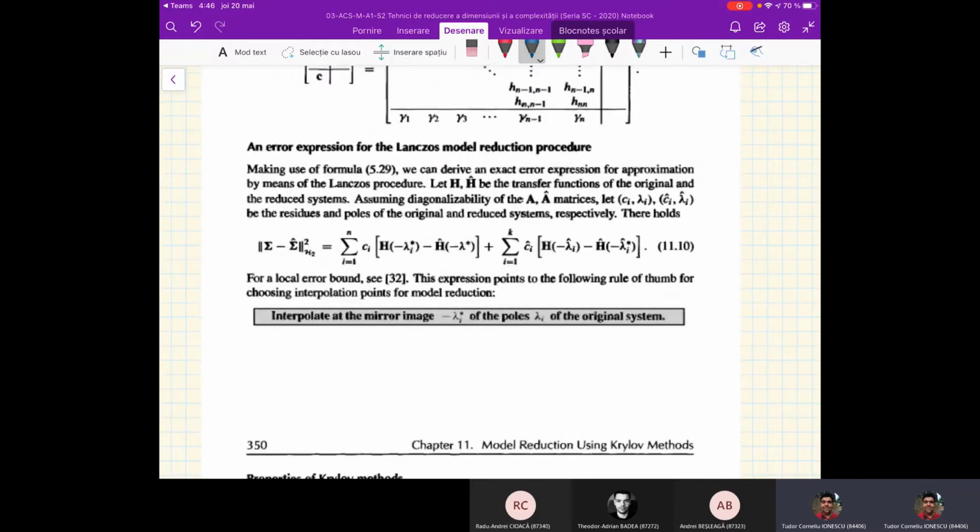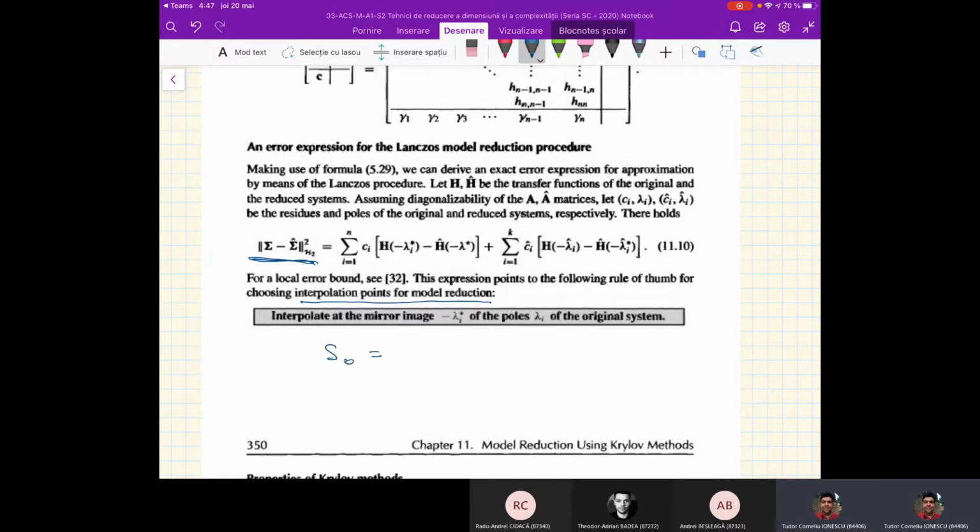There is a discussion, of course, that you can get an error expression for the Lanczos model order reduction procedure in the sense that you can compute the 2 norm of the approximation error system. And they say that this expression essentially points to the rule of thumb, as they call it here, for choosing interpolation points for model reduction. So a way to choose your S0.